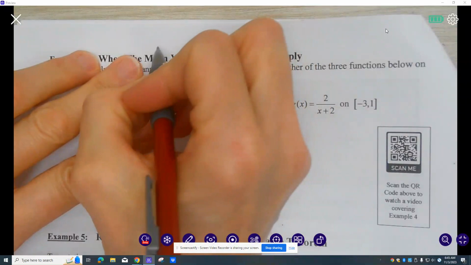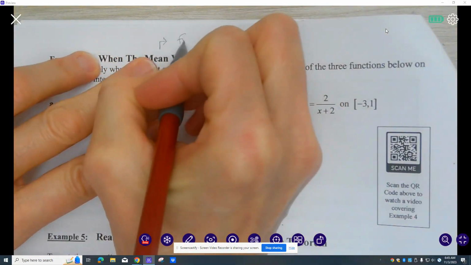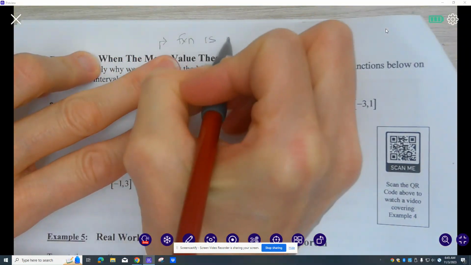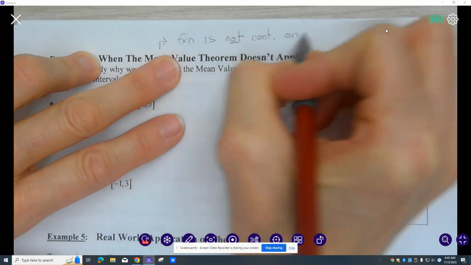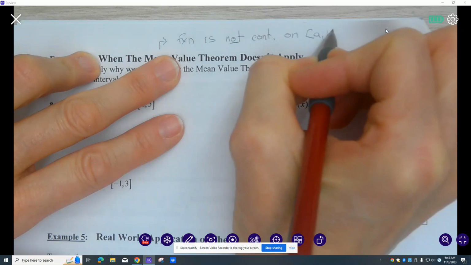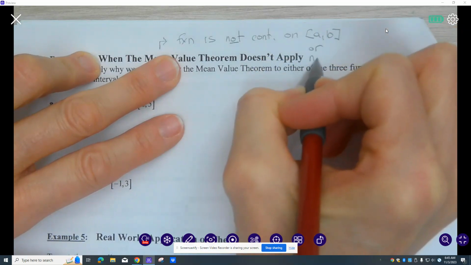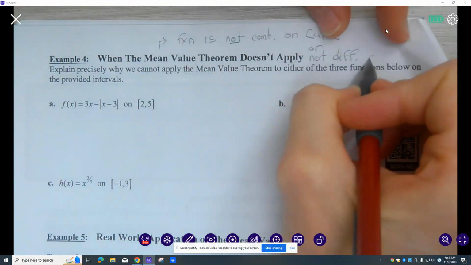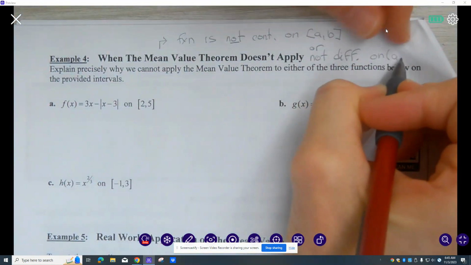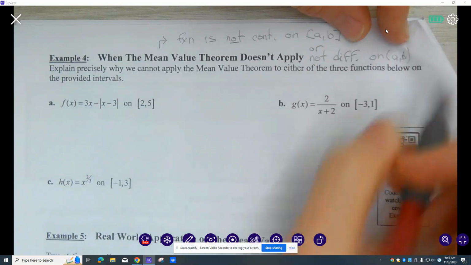So it doesn't apply if the function is not continuous on the closed interval, or not differentiable on the open interval.